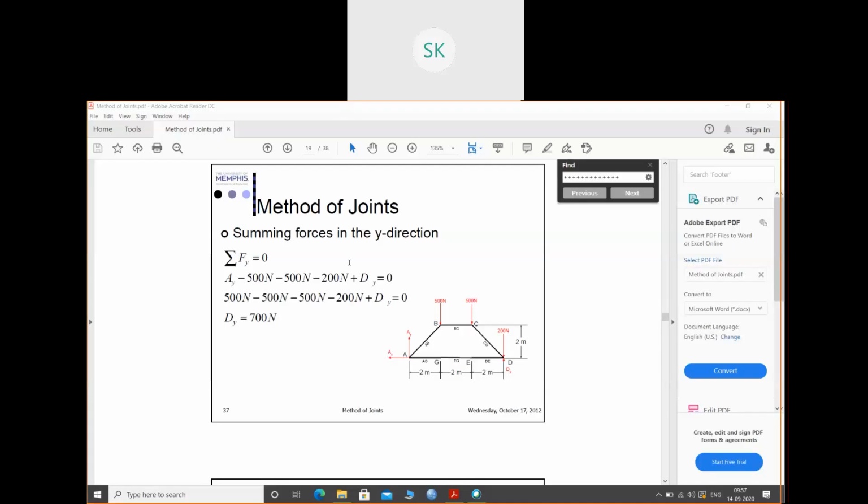Okay. So see, in slide 37, we have taken the summation of Fx equals 0. We have taken the summation of moments about a point equals 0. Now we are left with the summation of vertical forces equals 0. If you see the figure, the vertical forces are Ay, Dy, 500, 500 and 200.